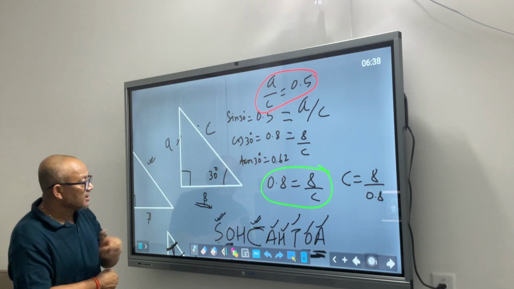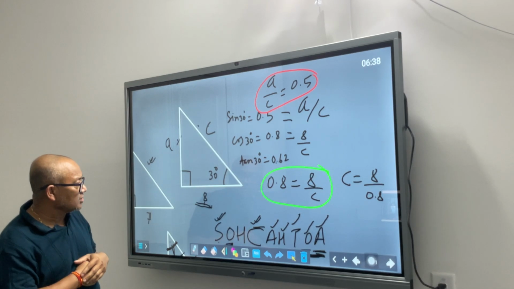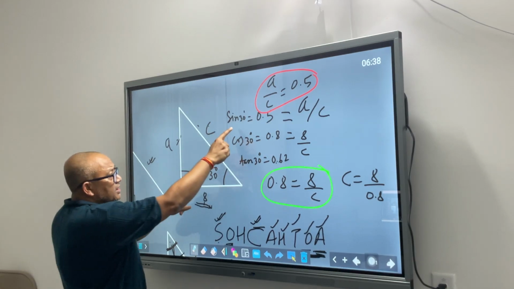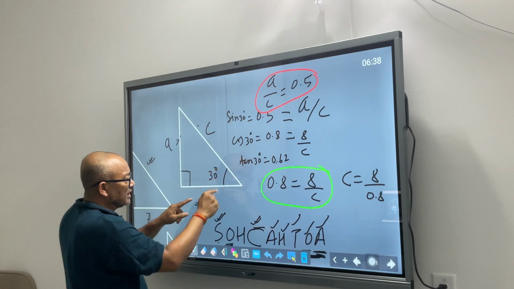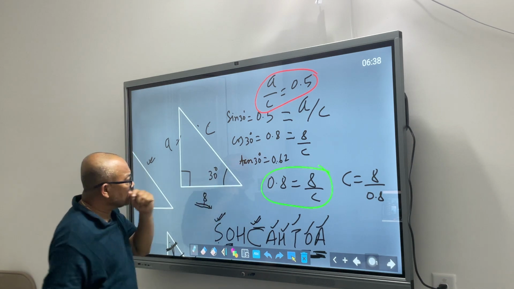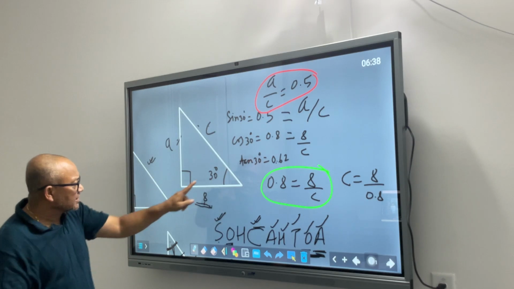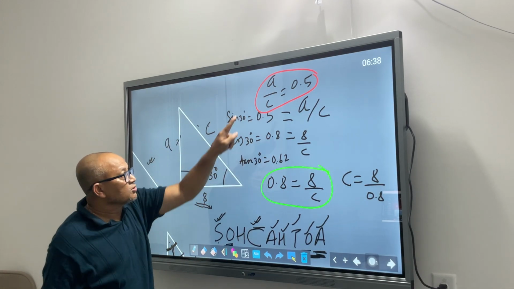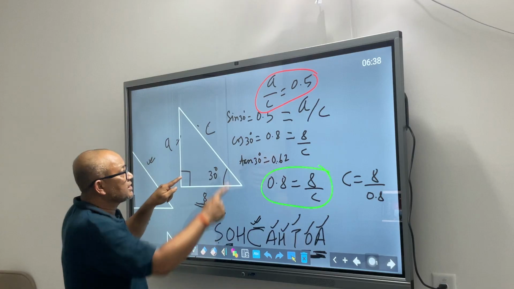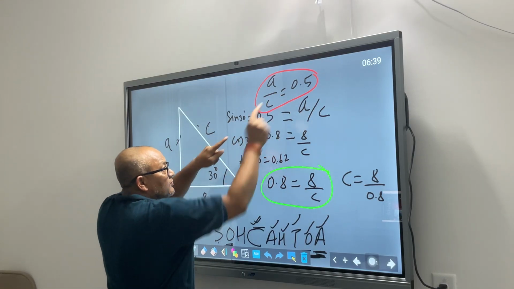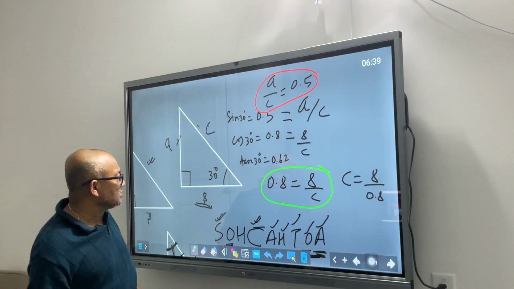Now we are saying, since we know a little bit of SOHCAHTOA, let's see what is happening here. Sine of 30 degrees is given as 0.5, so we know this value. But what is sine 30? Sine 30 is nothing but opposite side divided by hypotenuse. So A over C equals sine 30, for which we have a value 0.5. So this is one piece of information.